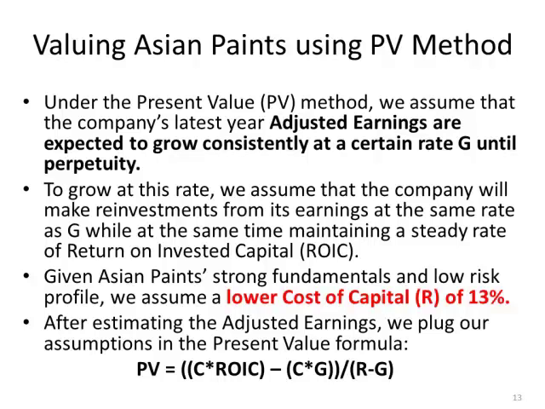Then we subtract C times G, which is essentially what the company is investing as well, because their investments are going to grow at the rate G. And then we divide by the discount rate adjusted for growth, so it's R minus G. This is the present value formula, and this is what we will use to value Asian Paints.